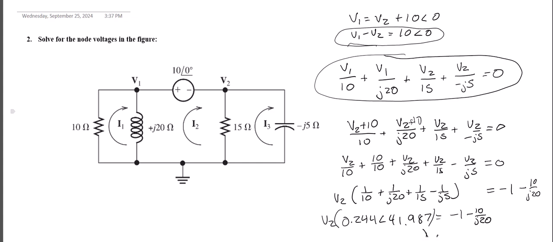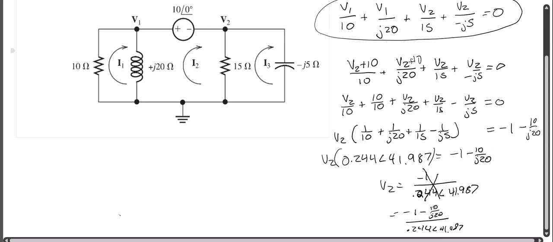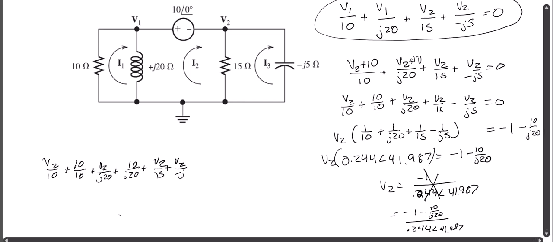And I do know that I have that correct. It's in my solution where I messed up somewhere. So I have V2 over 10 plus 10 over 10 plus V2 over J20 plus 10 over J20 plus V2 over 15 plus V2 over minus J5 equals 0. So that's all correct.